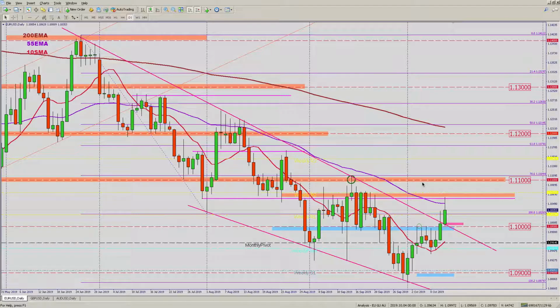There are also, on Tuesday, Eurozone and German ZEW sentiment index figures, but they're probably going to be overshadowed by the Brexit news.